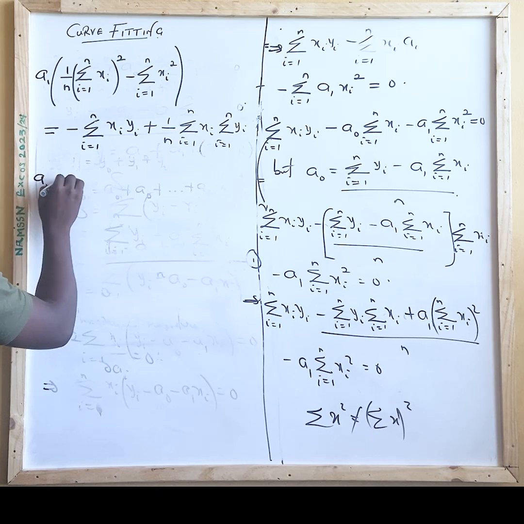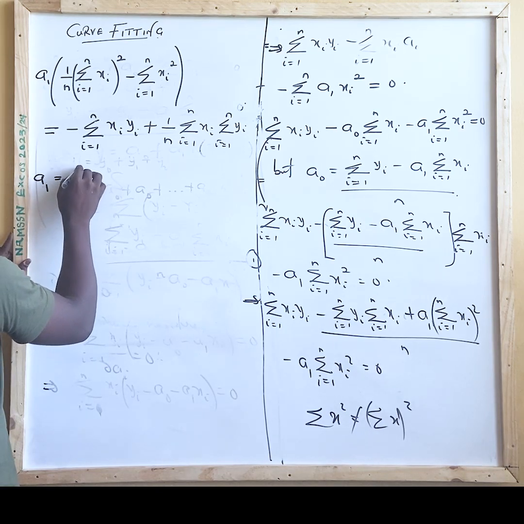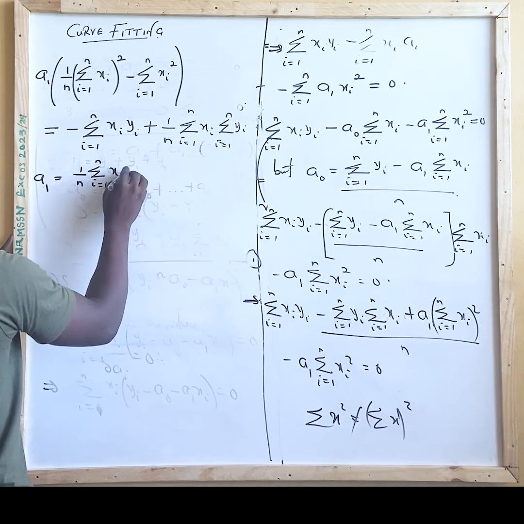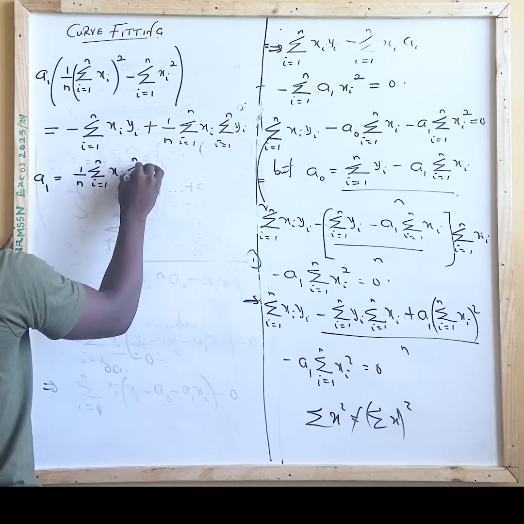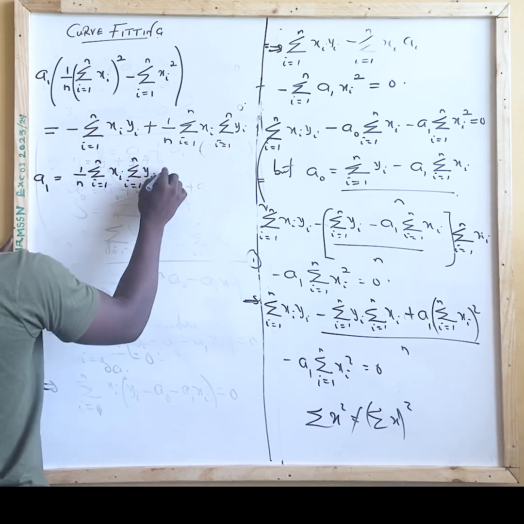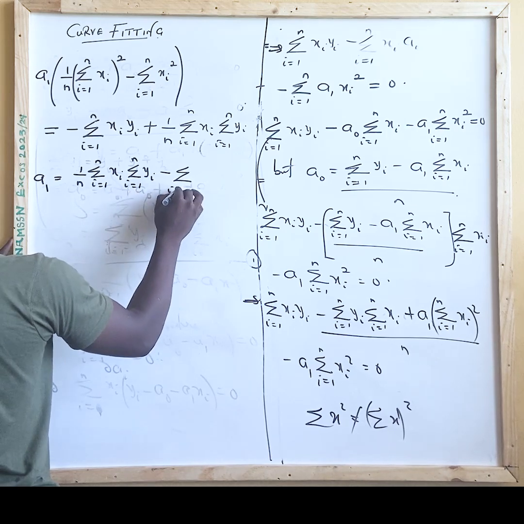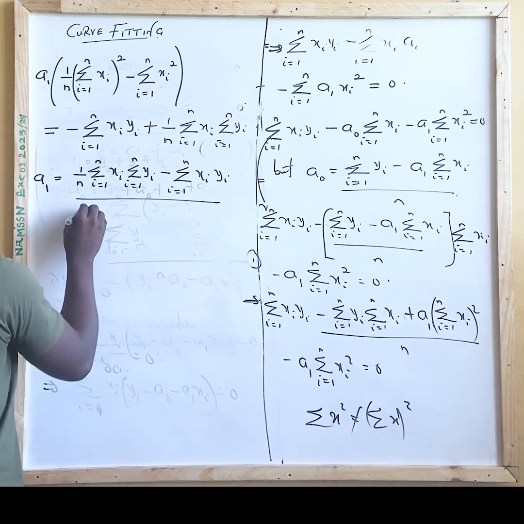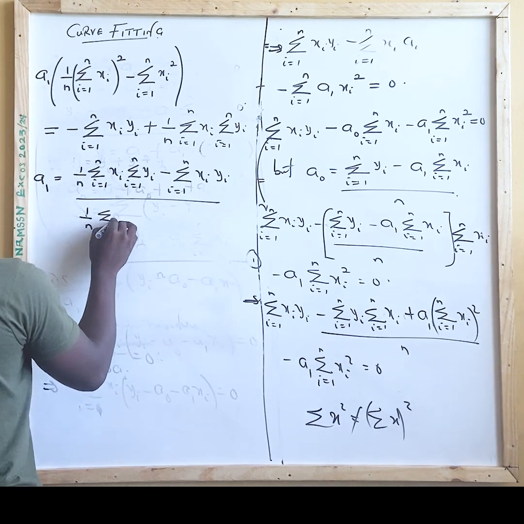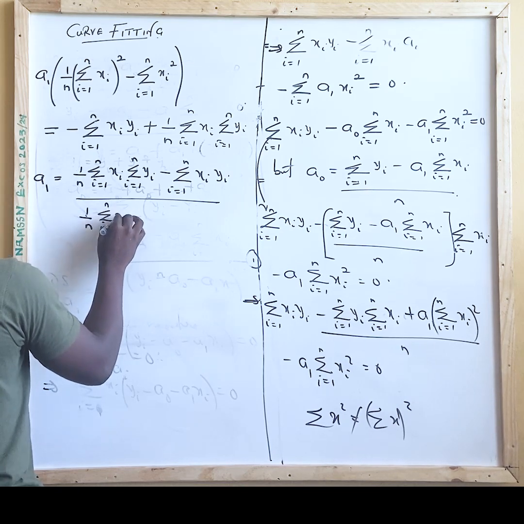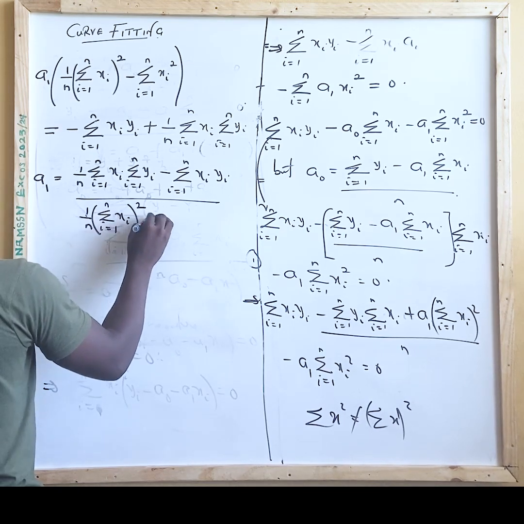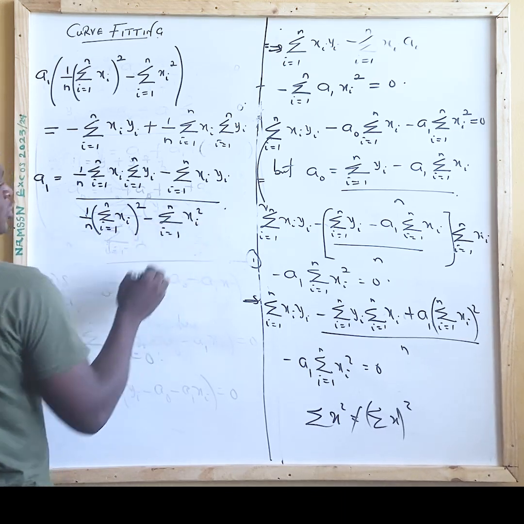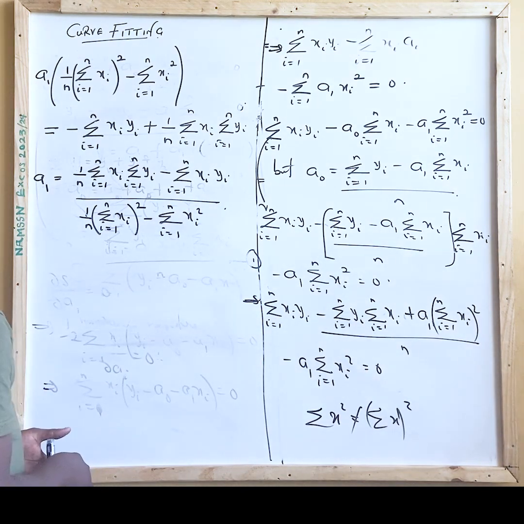So our a1 here can then become 1 over n summation i from 1 to n xi summation i from 1 to n yi, taking this one first, minus summation i from 1 to n xi yi, over 1 over n summation i from 1 to n xi all squared minus summation i from 1 to n xi squared. So this is our a1.